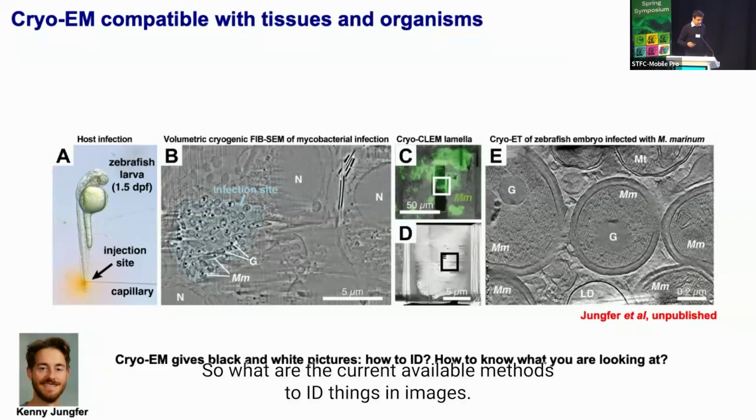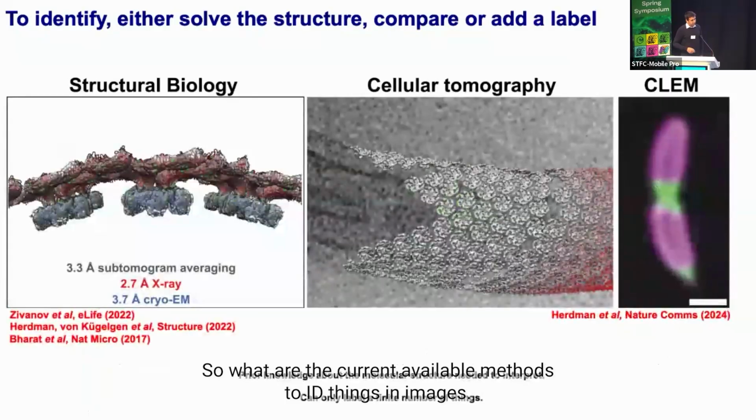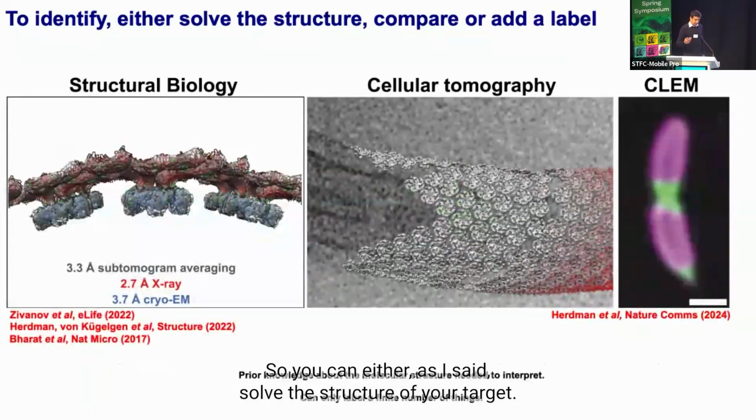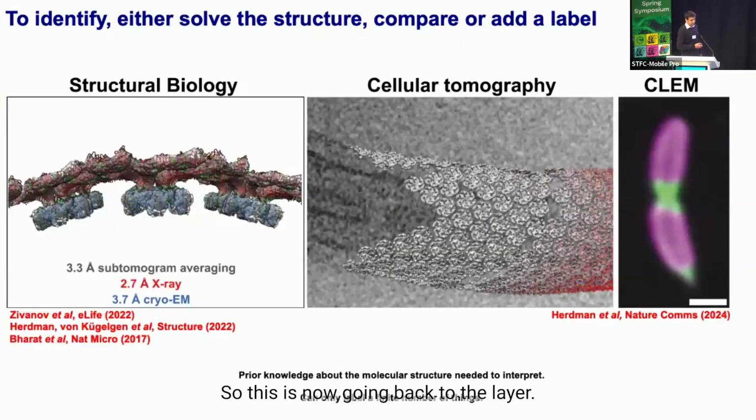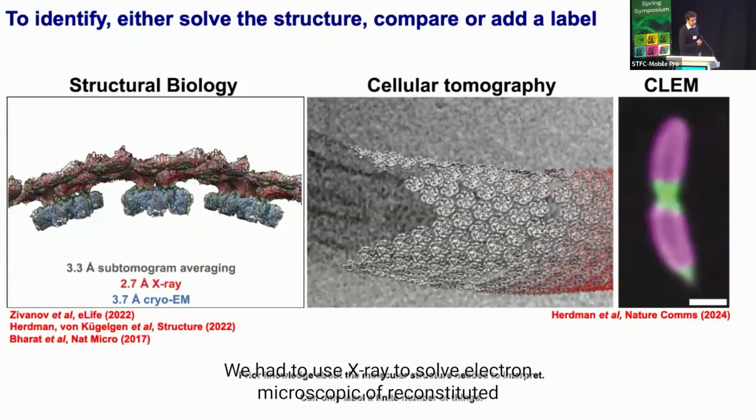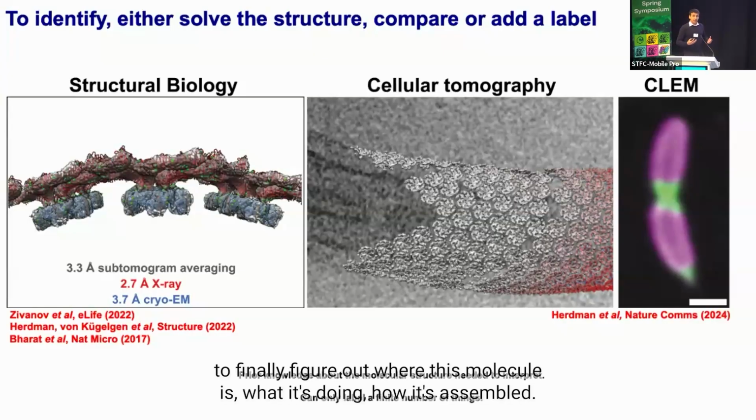So what are the current available methods to identify things in images? You can solve the structure of your target. This is going back to the S layer, from a different bacterium. To know what we were looking at, we had to use X-ray crystallography, cryo-electron microscopy of reconstituted systems, and electron tomography subtomogram averaging to finally figure out where this molecule is, what it's doing, how it's assembled.